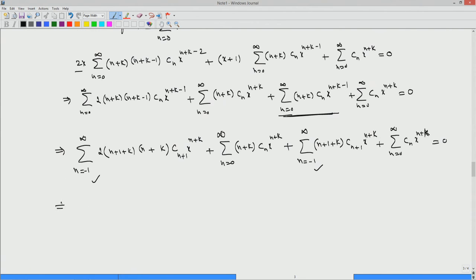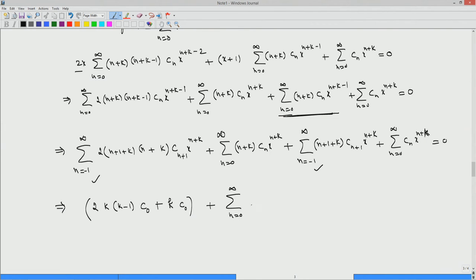If you write them separately, for n equal to minus 1, this is going to be k into k minus 1 into c_0, plus, for n equal to minus 1, you have k times c_0 equal to 0. So, you just write this separately, plus sigma n from 0 to infinity.